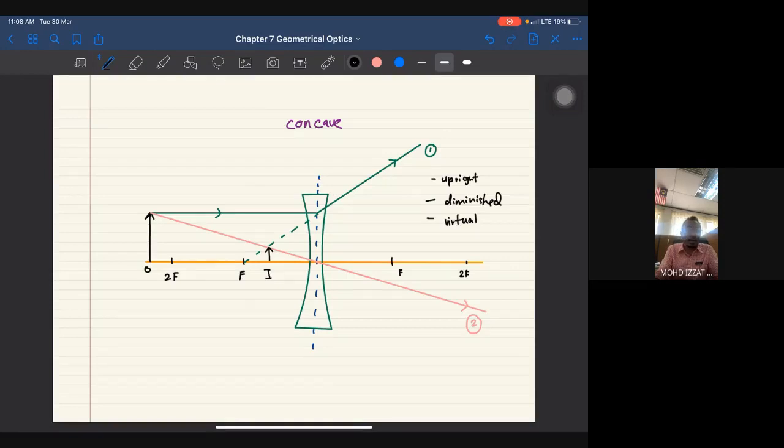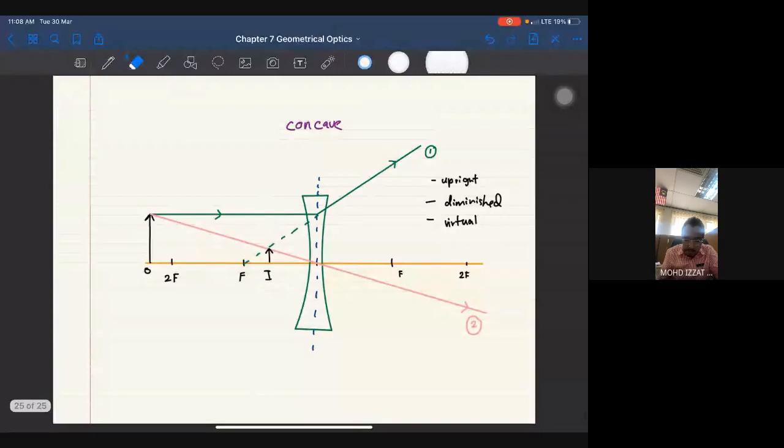It's position, it's not characteristic. Characteristic must be virtual or real. Be careful with that. And then you already get a full mark. Okay, but let's say you really want to draw the third ray.